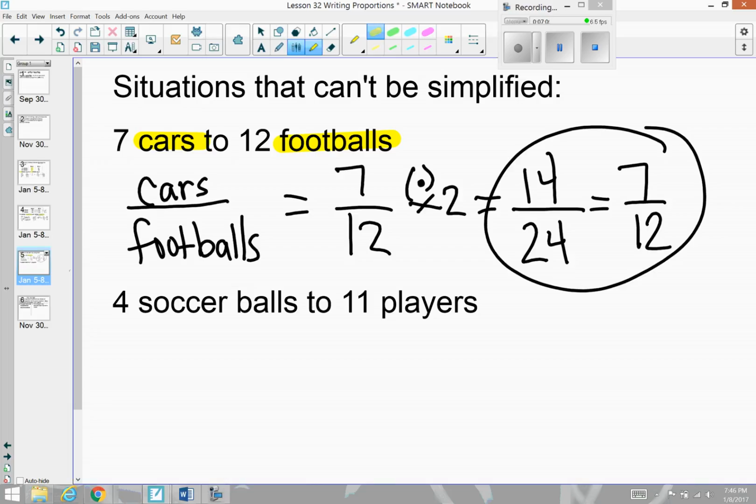In our last example for today, we have 4 soccer balls to 11 players. So the two parts that we're comparing are the soccer balls to the players. All right, so I'm going to abbreviate soccer balls over our players.